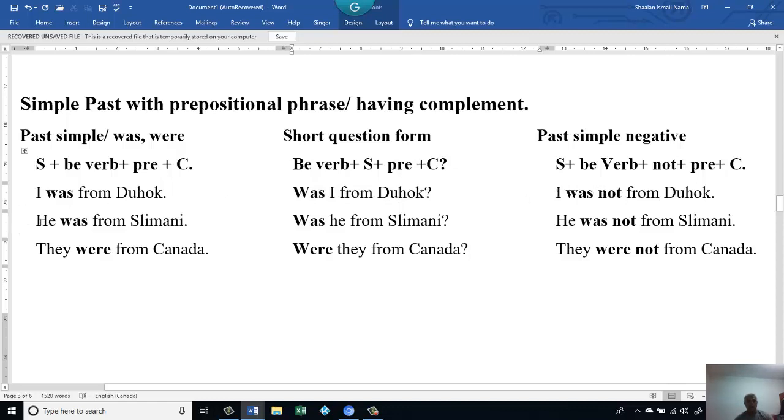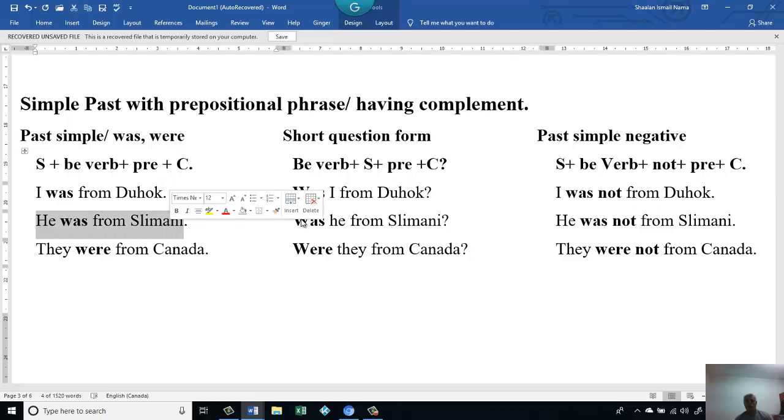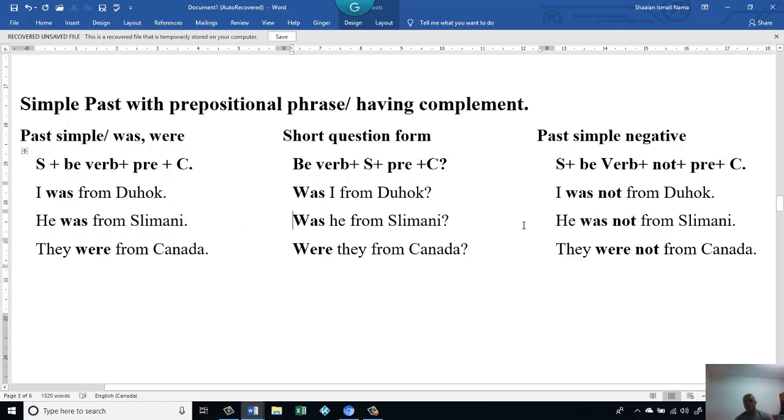Same thing here: he was from Soleimani. Was he from Soleimani? He was not from Soleimani. Then for example here, they were from Canada. Then we make it, were they from Canada? Don't forget the question mark when you put the auxiliary verb in front of the subject.